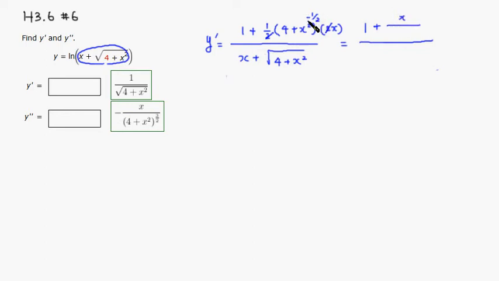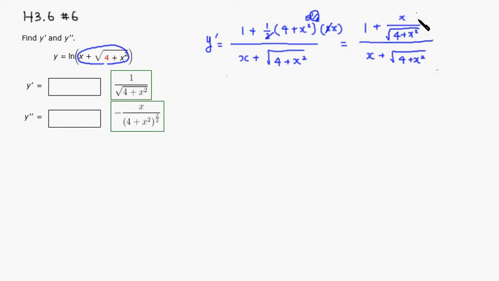Then it's a negative power, which means that the 4 plus x squared sits on the bottom. Then you have a 1/2 power, so it's a square root, right? So we have that. Then the bottom is the same, x plus the square root of 4 plus x squared, right?